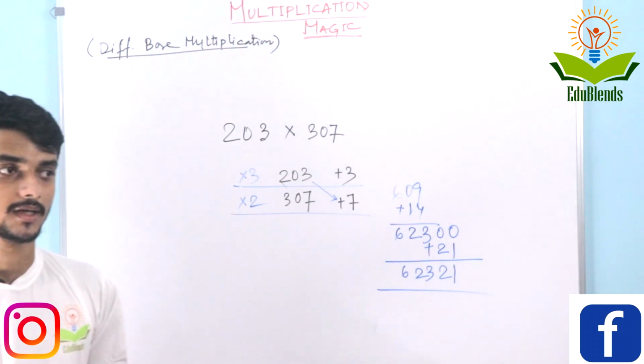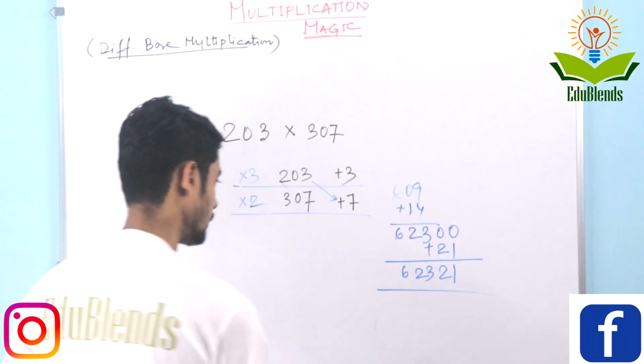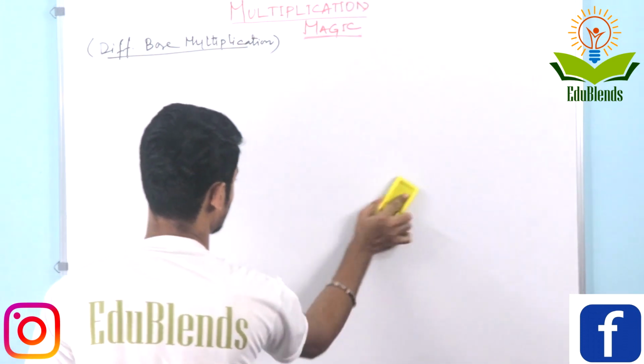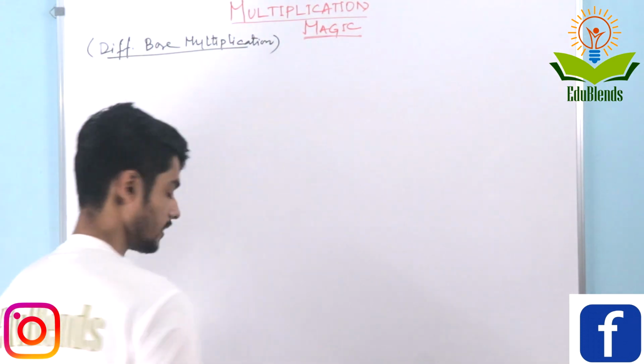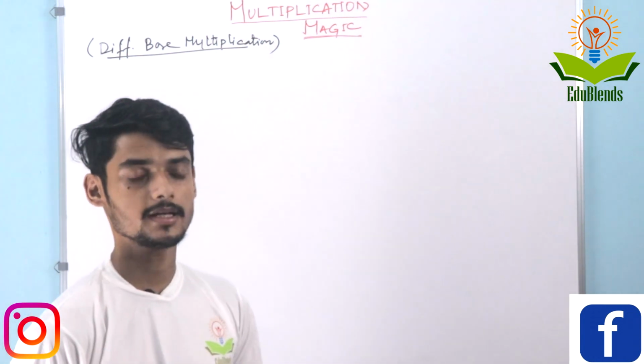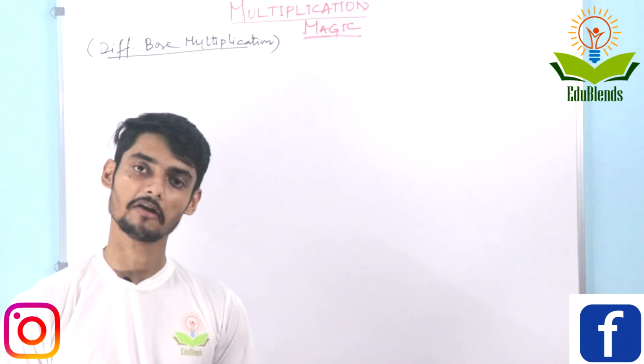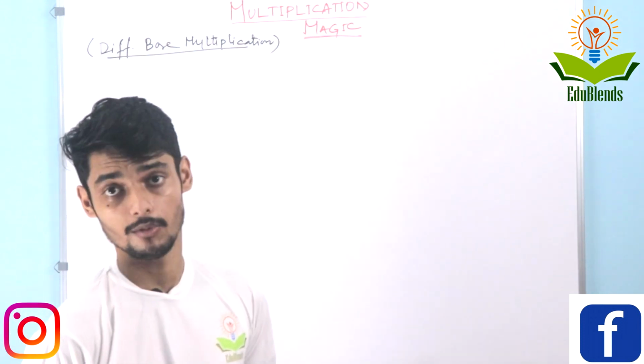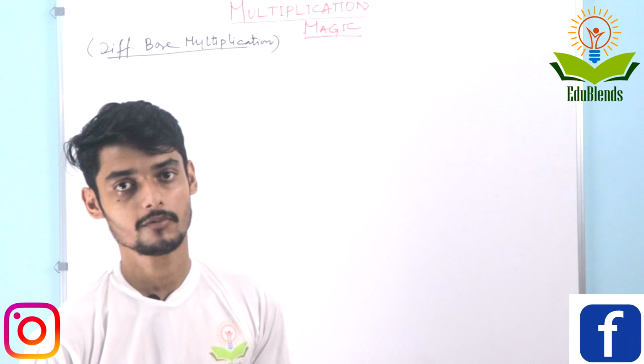Okay, now one point is left out. I need to discuss one simple point. If the number is near the base 150, 250, 350, what you need to do? Nothing. You just need to multiply with that number.